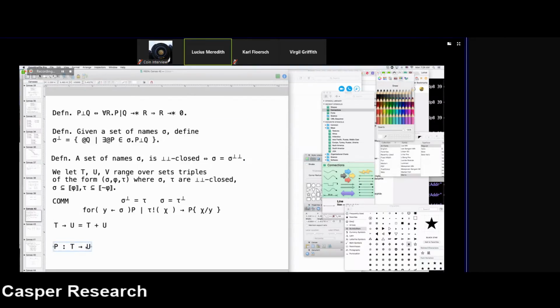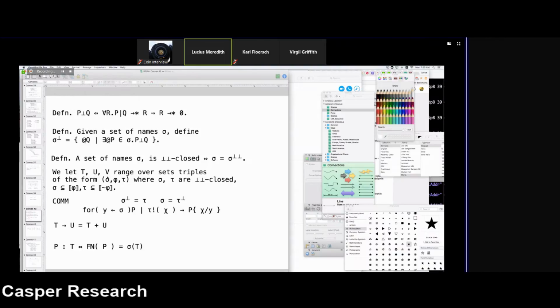And then we have one more step before we get to this, which is we say P satisfies T if and only if the free names of P is equal to the sigma projection of T, where this is just the first projection of these triples.